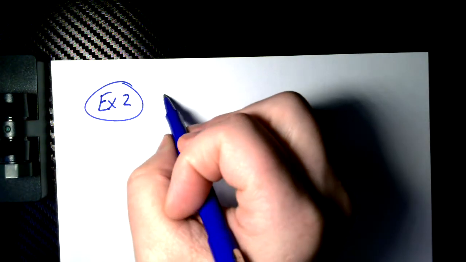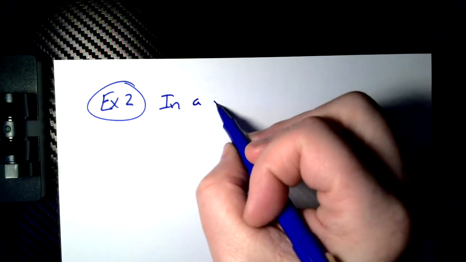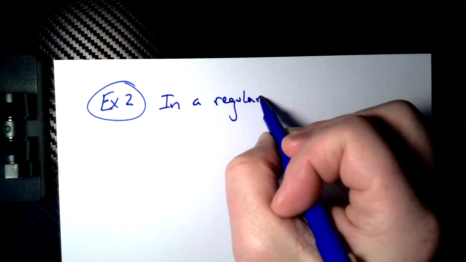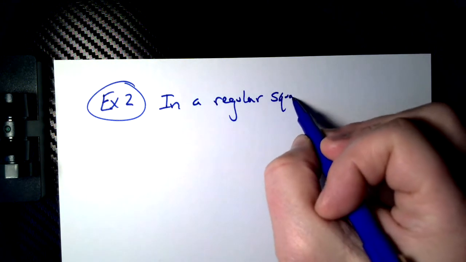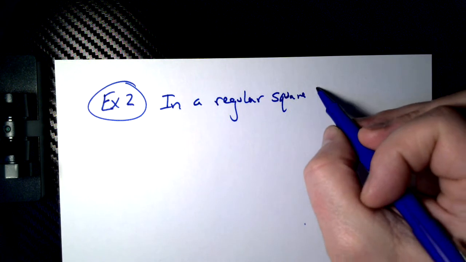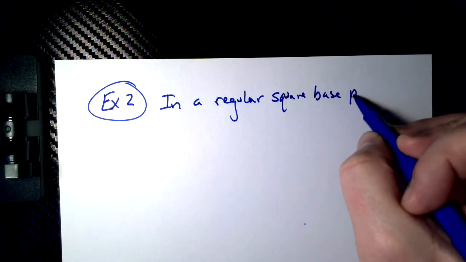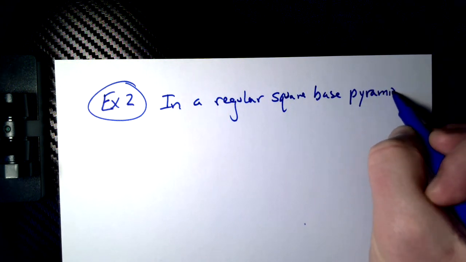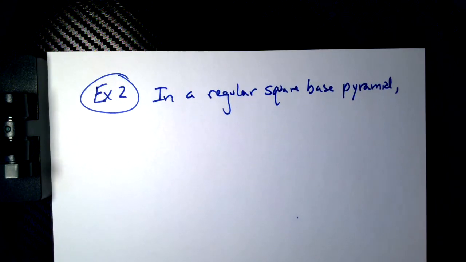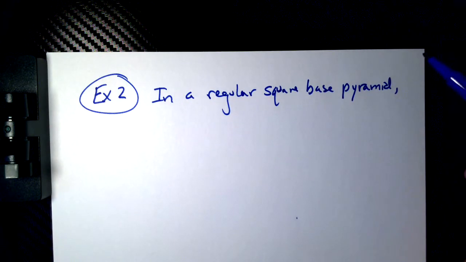So here's our example. Example 2. In a regular square base pyramid, just letting you know, it's a pyramid shape and the bottom is a square.